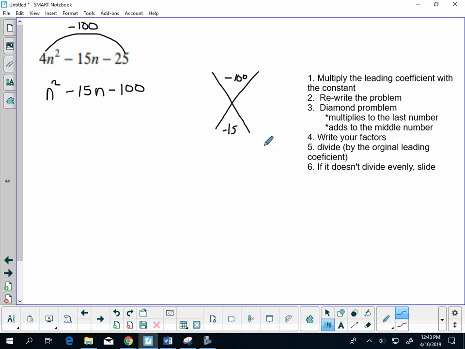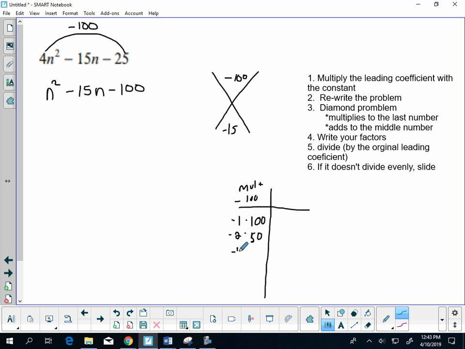This one's kind of hard because it's got those big numbers. If you have a hard time, make a little table of how you can multiply to negative 100. So negative 1 multiplied to negative 100. You could do negative 1 times 100, negative 2 times 50. 3 doesn't work.